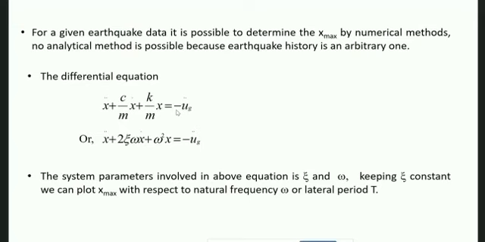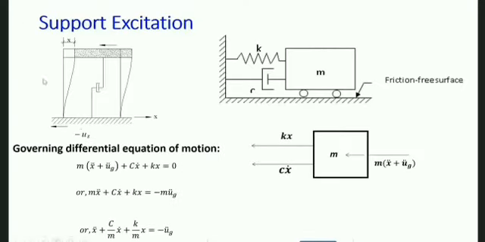So we get a time versus ground acceleration history, and with that set of data we have to solve this differential equation numerically. From this numerical solution we find the value of x max, that means the maximum displacement that has taken place during the history of this vibration.